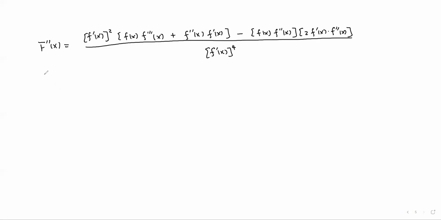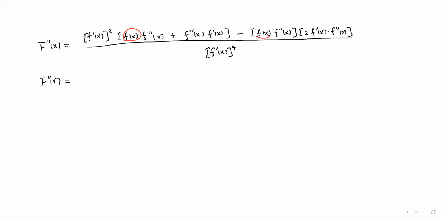Now I plug in R in x. I want to see whether the second derivative at the fixed point R is 0. Plug in R in x. I can see that this term is 0, because R is a root of the equation f of x equals 0.